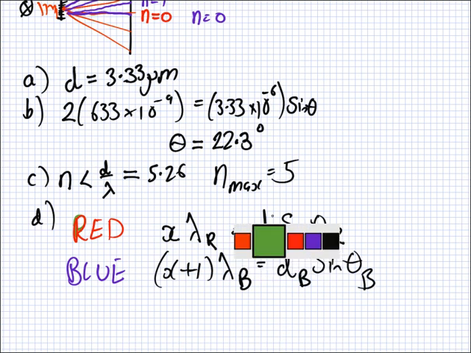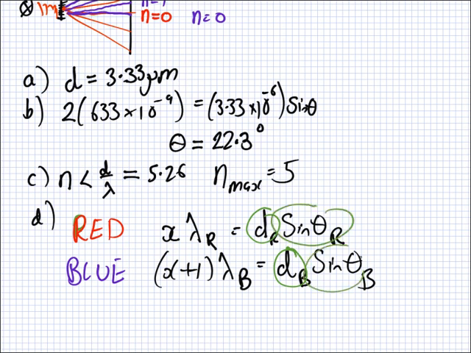However, this will be the same as this. It's the same experiment. And if they hit the screen at the same point, then yes. So therefore, your job is to solve for x. x lambda red equals x plus 1 lambda blue.